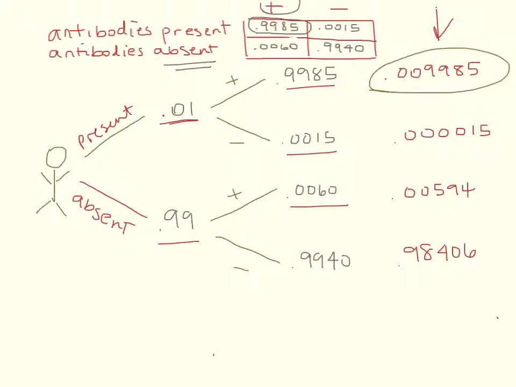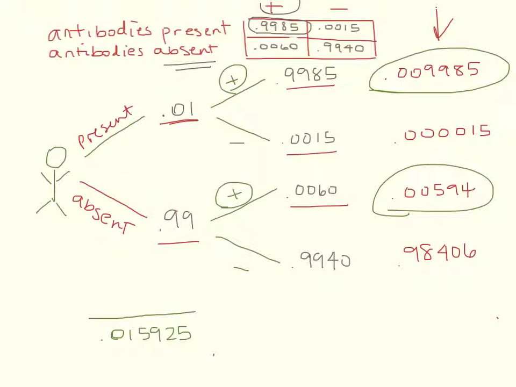This one and this one. That's going to be our denominator. We add those two numbers together, because that's all the possibilities where the person is going to test positive. If we add those together, we get 0.015925.